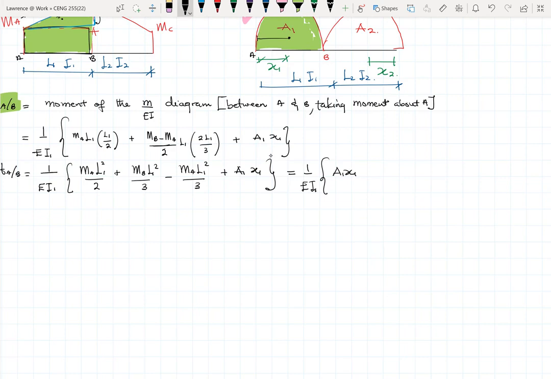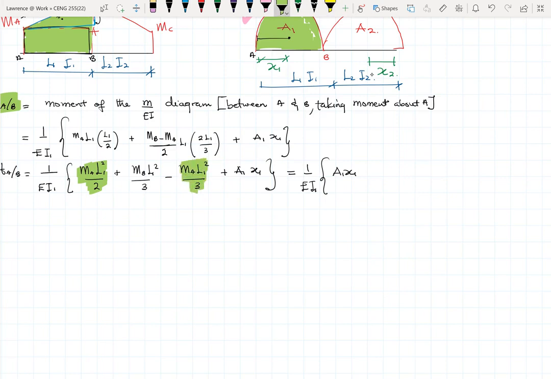Then I can subtract. You can see that the first term here and this other term here, I can add them up because they are both the same.